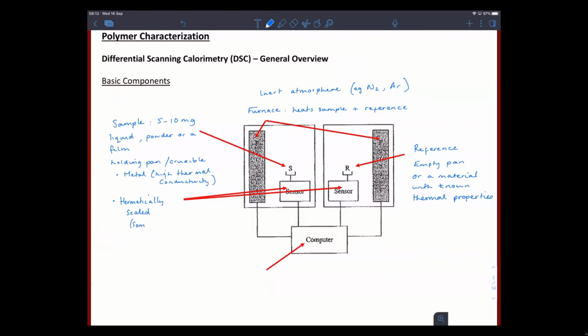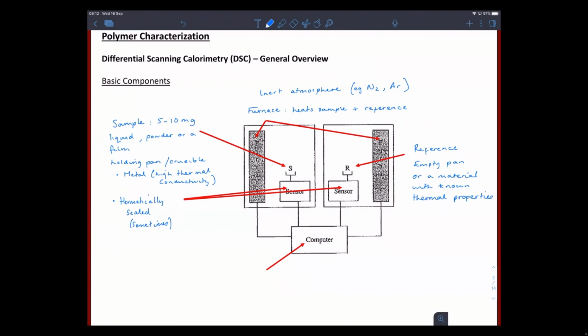Sometimes it's not hermetically sealed. So you'll see in the video they use for Mettler Toledo, sometimes they put small pricks in the top of it as well, so they puncture it.